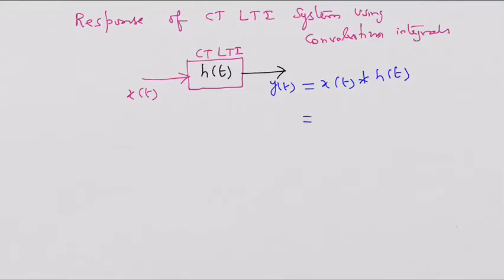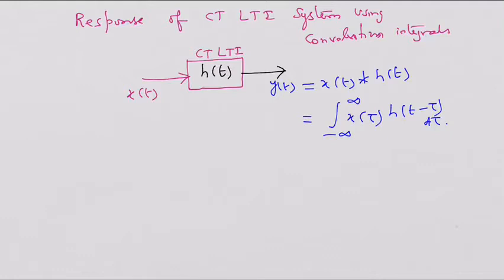According to the formula, this can be represented as minus infinity to plus infinity x of tau into h of t minus tau d tau, where asterisk denotes the convolution operation. This is how we obtain the convolution integral of a CT LTI system.